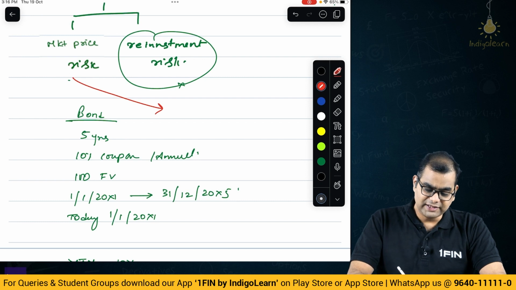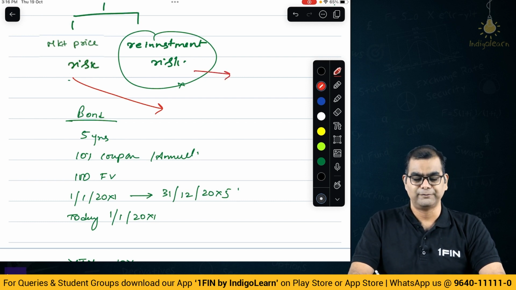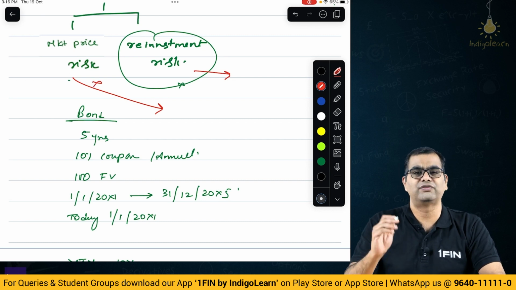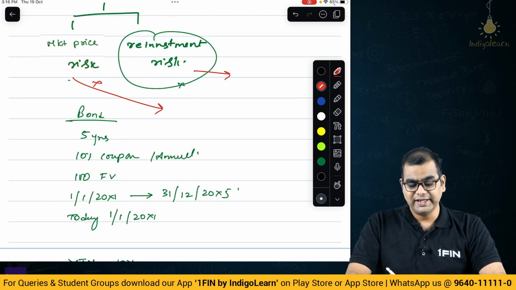Okay, and this reinvestment risk as well as this market price risk exists for every kind of a bond. However, there is a way in which you can avoid these two risks.